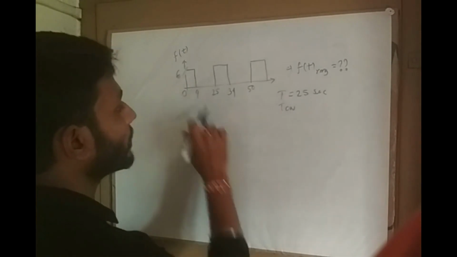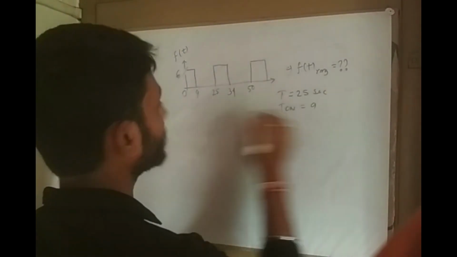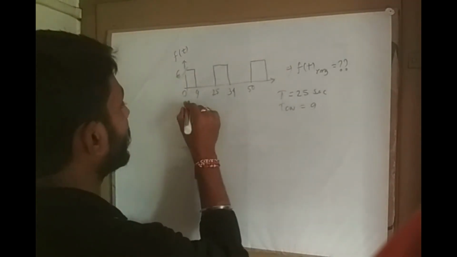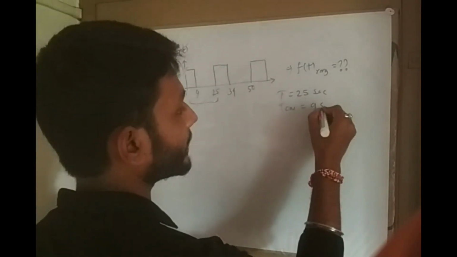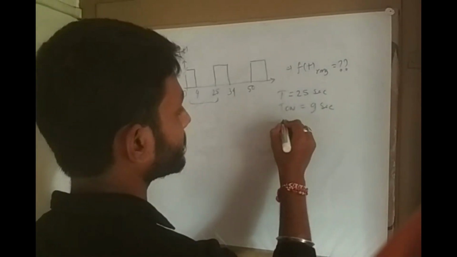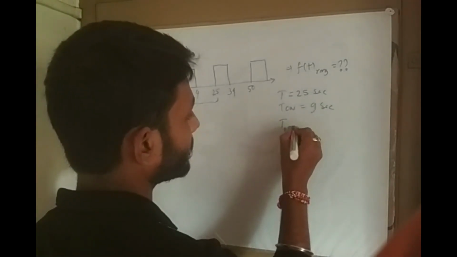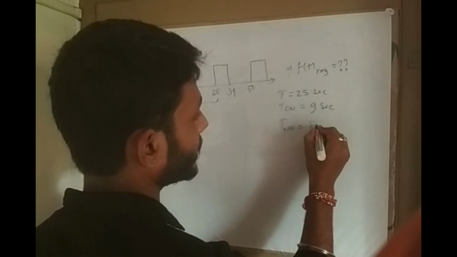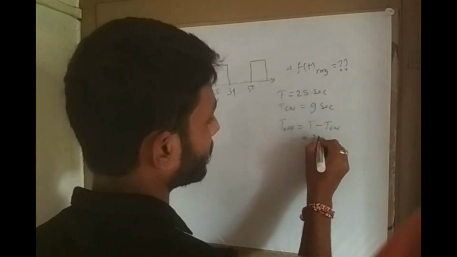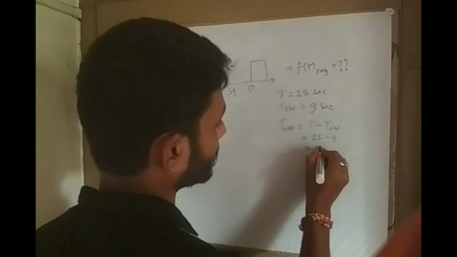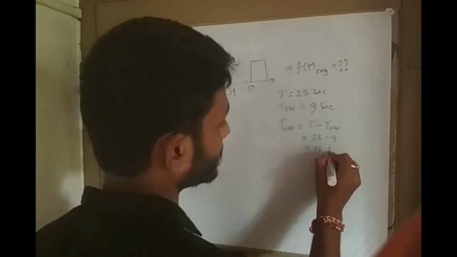For a period, total on time is 9 seconds, and total off time T off equal to total time period minus T on, 25 minus 9, 16 seconds.